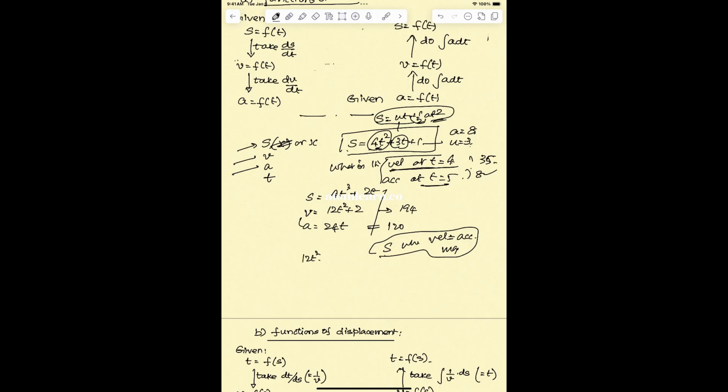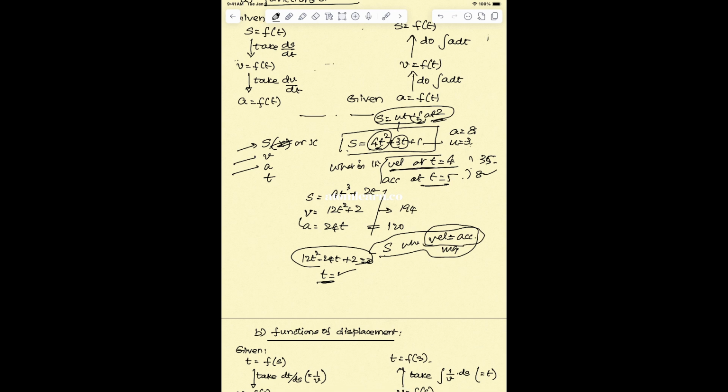Now we can solve for t; you may have two values. If one of them happens to be negative, ignore it, because time cannot be negative from common sense. Therefore, take the applicable value of t by solving this. What we are doing is applying this condition of the problem, which says velocity equal to acceleration in magnitude.